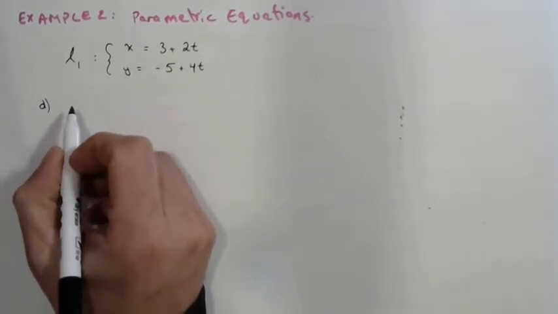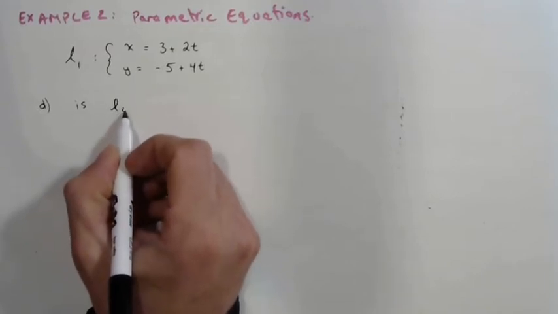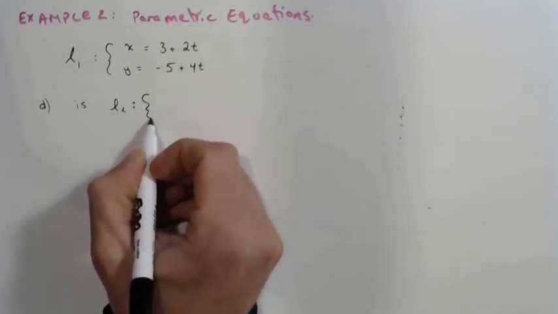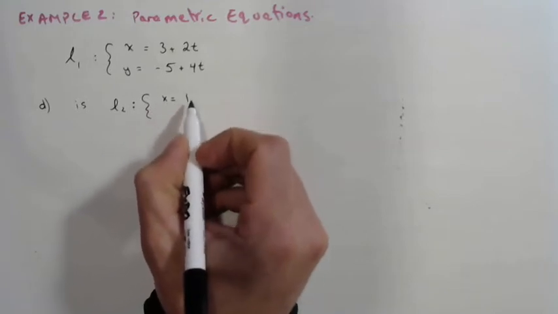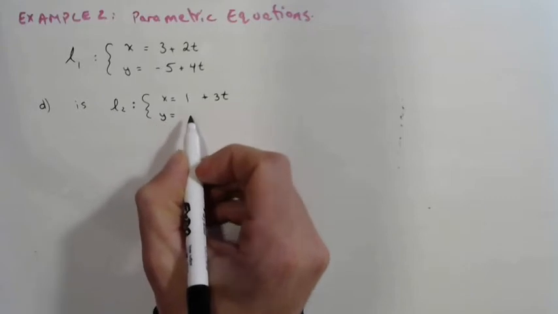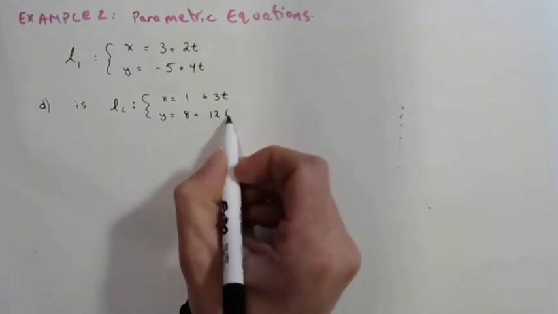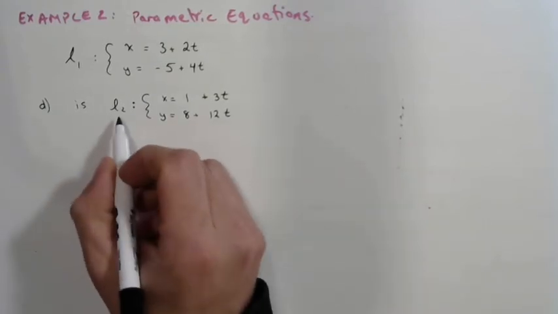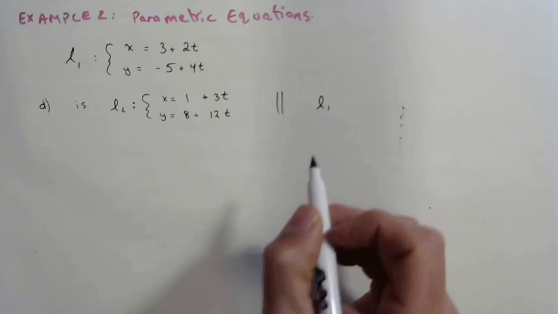And last part, we're going to say is L2 given by x equals 1 plus 3t, y equals 8 plus 12t, is L2 parallel to L1.